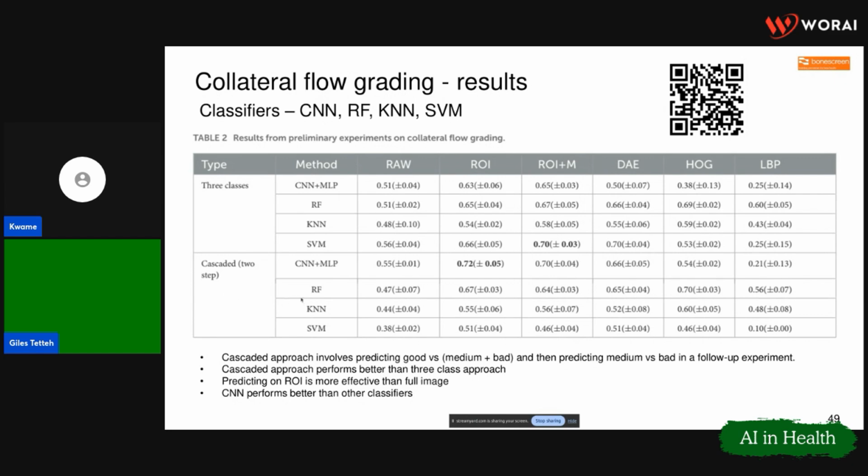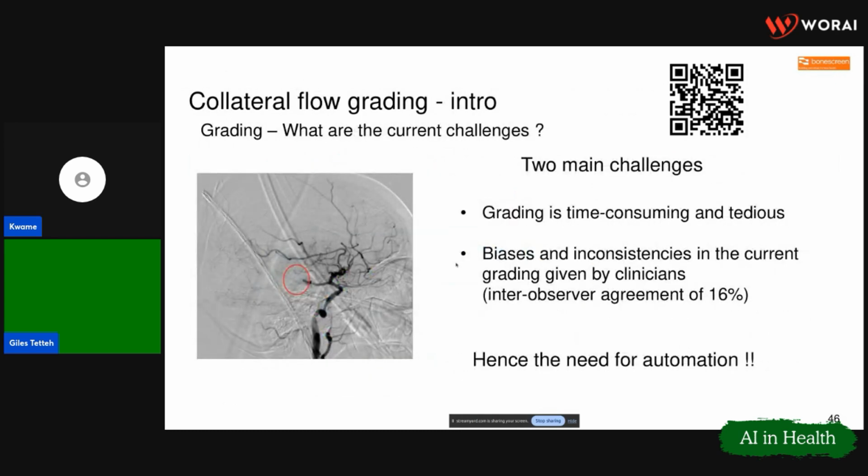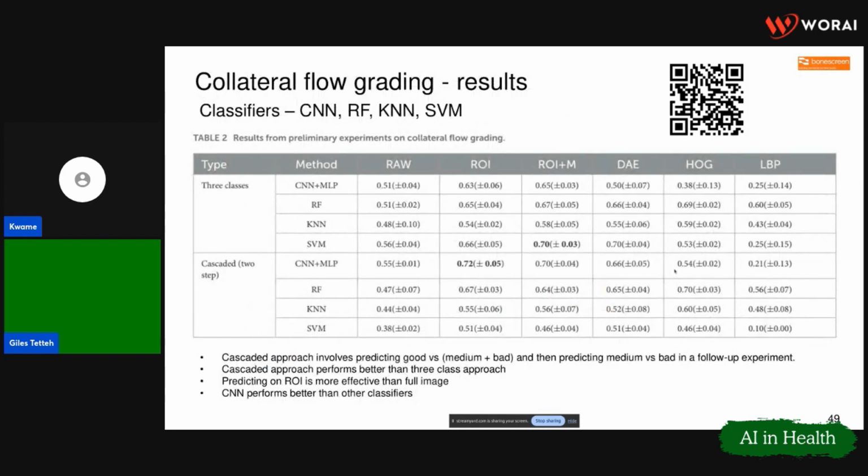And here we had about 70% accuracy. Maximum, I think it's 72, yeah, in the cascaded case. First of all, based on 16% inter-observer agreement, 72 is way better compared to the clinician's prediction, right?